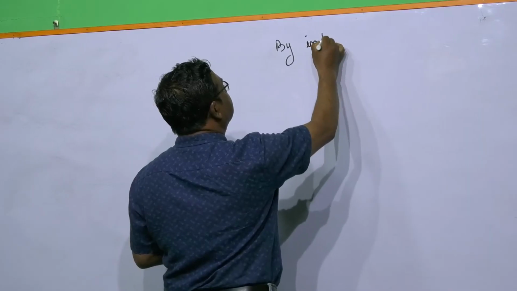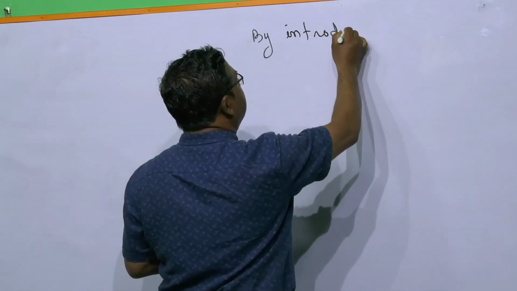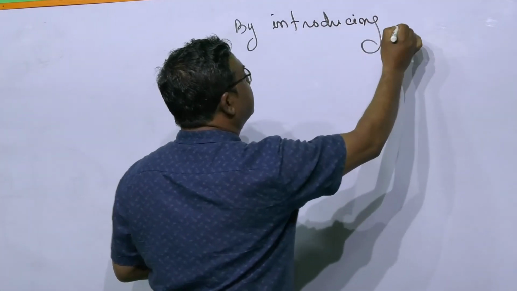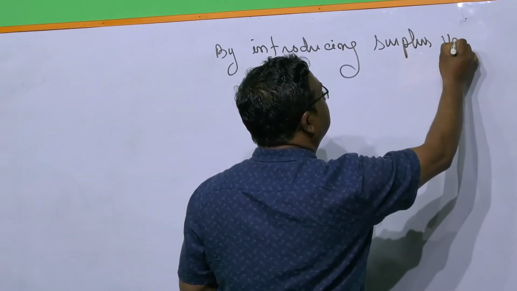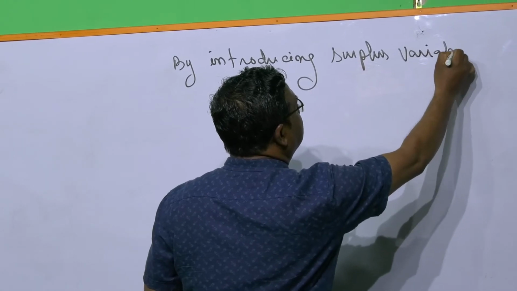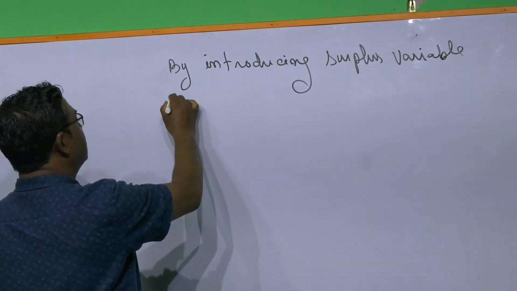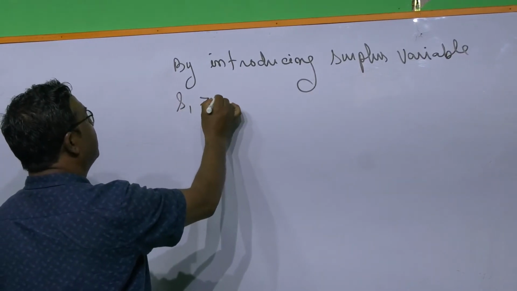So introducing surplus variable S1 in the first constraint.